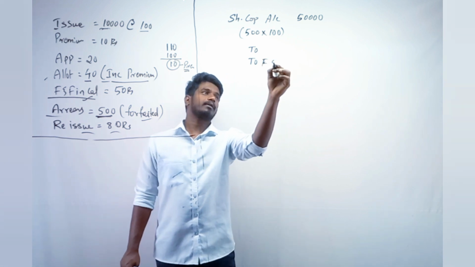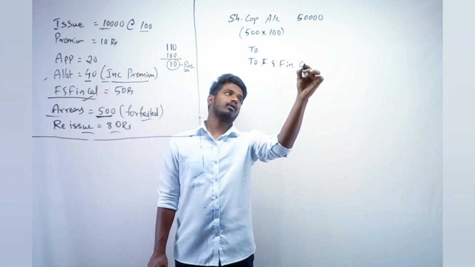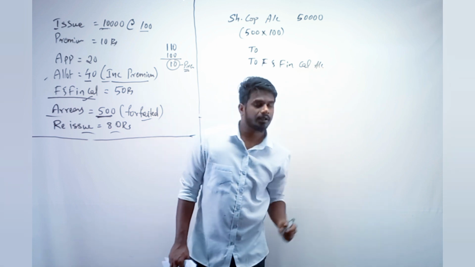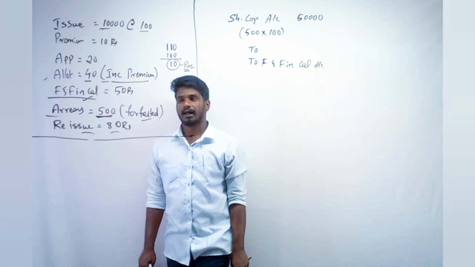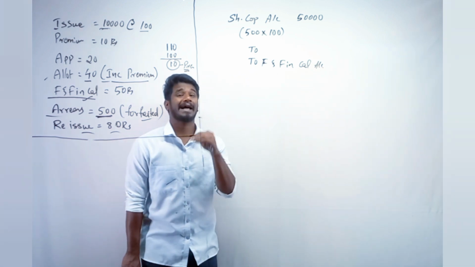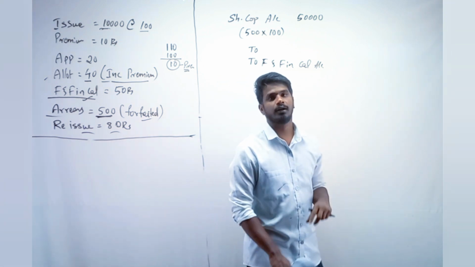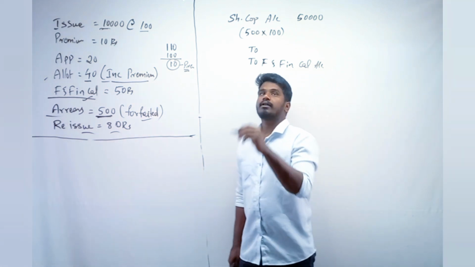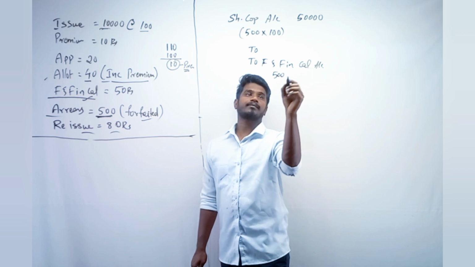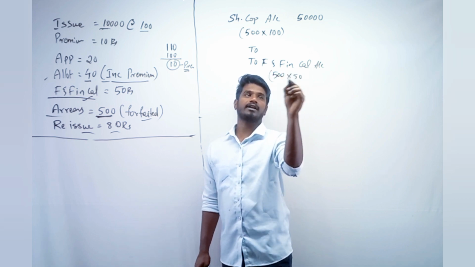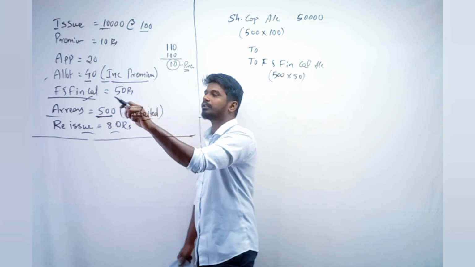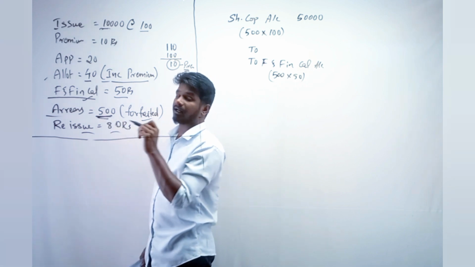So first and final call account. Here in this entry we should write how much we didn't receive in the first and final call. It is 500 shares into 50 rupees, correct? This amount we didn't receive for 500 shares.